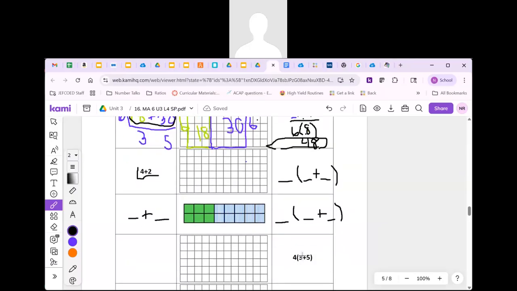Okay, and remember, what do you do when you have the distributive property form already? Well, you can make your model, right? Or you can say, well, take the greatest common factor and multiply it times the first number. What is that? That gives you the number of squares. Then take the greatest common factor and multiply it times the second number.